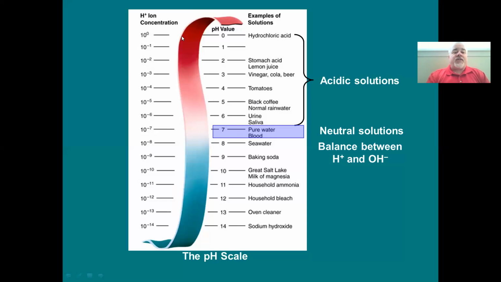What about these numbers on the side, the hydrogen ion concentration? 10 to the 0 power at pH 0. What is any number to the 0 power? Any number to the 0 power equals 1. So this is a concentration of 1, or pure hydrochloric acid, pure hydrogen ion concentration. Now, it's not pure hydrogen ions.